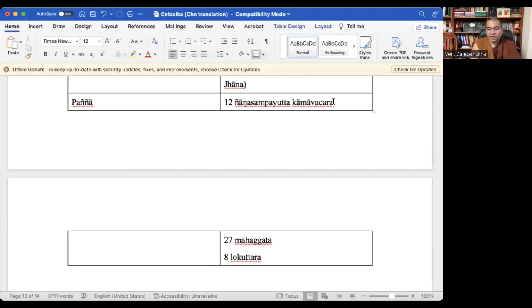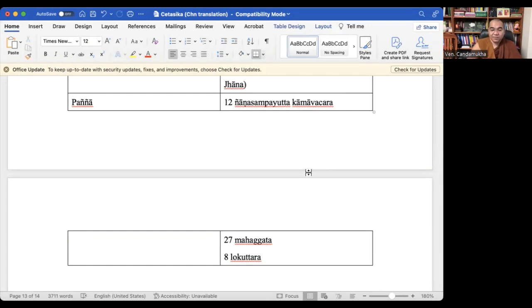So Kusala Nana Sampayutta 4, Vipaka Nana Sampayutta 4, Kiriya Nana Sampayutta 4. Altogether 12 Nana Sampayutta Citta, meaning Kamavacara Citta that associate with wisdom. In these Citta, Panna Cetasika is available.